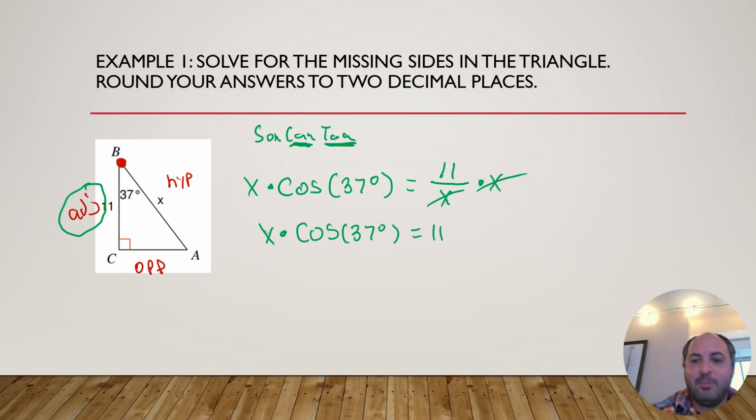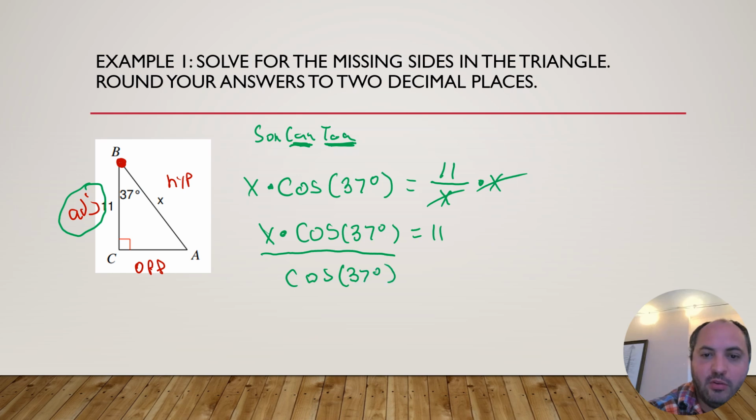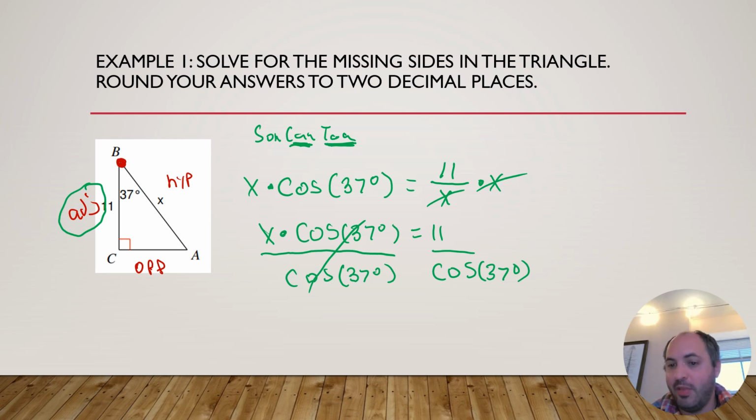Now we need to get x by itself since it's out of the denominator. To do that, we need to move away this cosine, and division undoes multiplication. So we are going to divide both sides by cosine of 37 degrees. We'll have those cosines cancel on the left here.